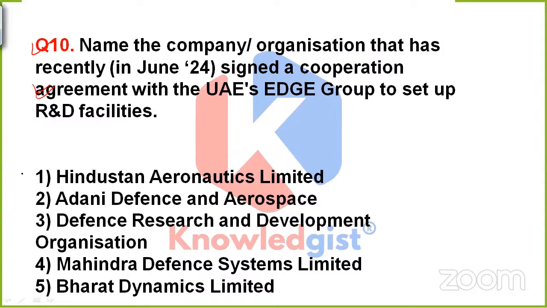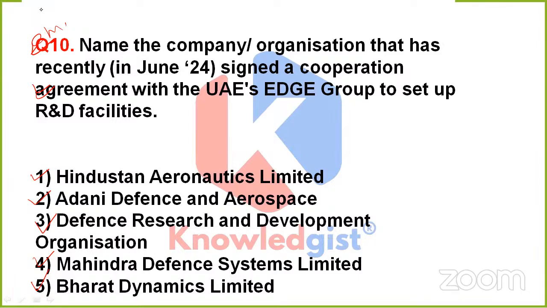Is it Hindustan Aeronautics Limited, Adani Defence and Aerospace, Defence Research and Development Organisation, Mahindra Defence Systems Limited, or option 5, Bharat Dynamics Limited? Which is the correct option? Have 5 seconds. This is an important question, dear. What should it be? Anyone?